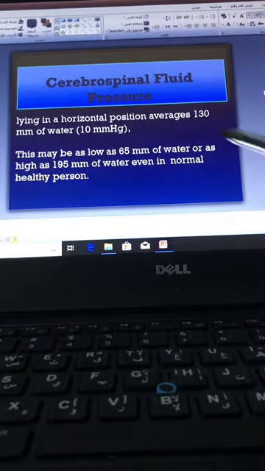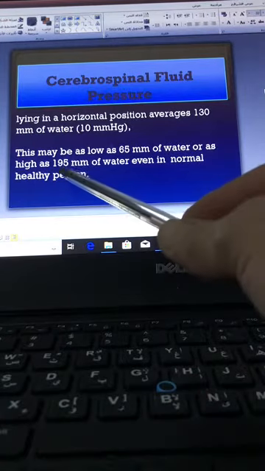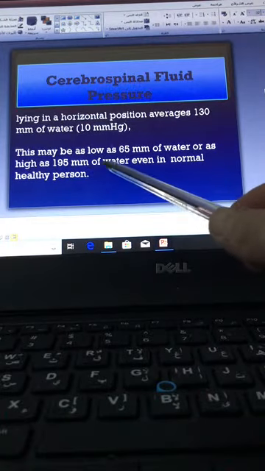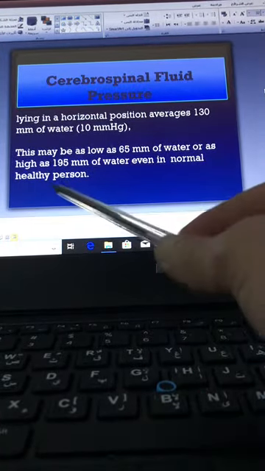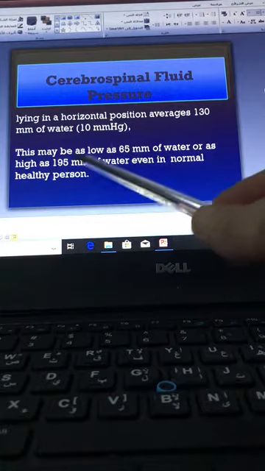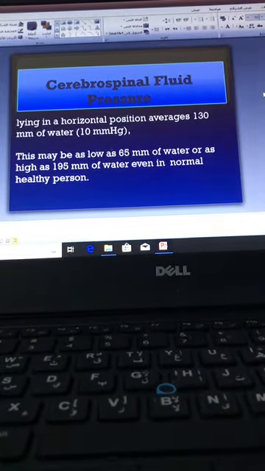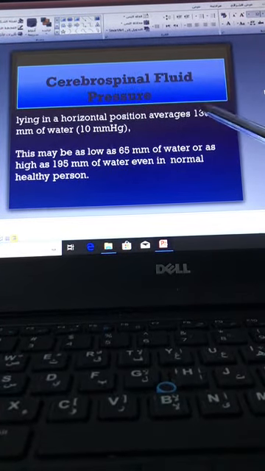This may be as low as 65 millimeter of water or as high as 195 millimeter of water even in a normal healthy person. يعني أكو range يتراوح من ال 65 إلى 195 millimeter of water وهذا هو المعدل 130. حالات اللاينج يعني بالسيتنج راح يختلف.